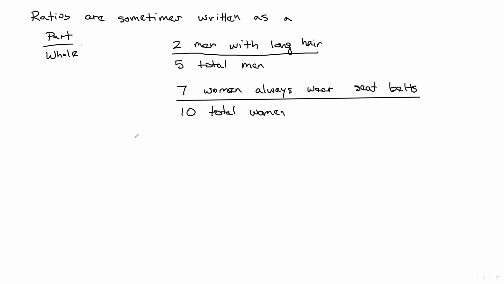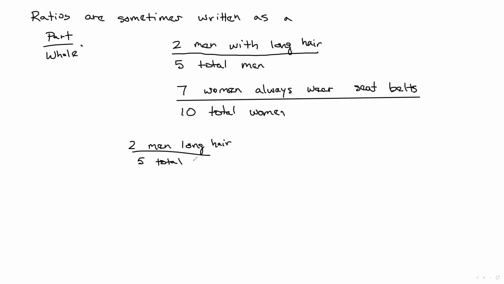Okay, and now everything that we just said about ratios and about proportions still applies to these ratios that are a part over a whole. You could still go through and say, you've got 2 men with long hair over 5 total men.